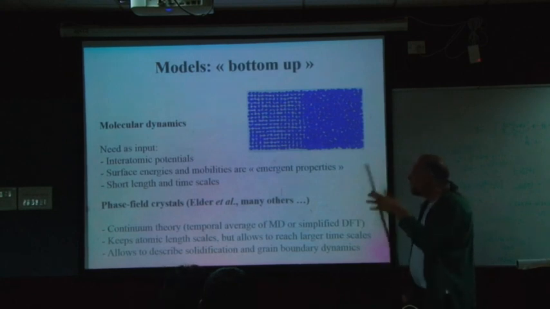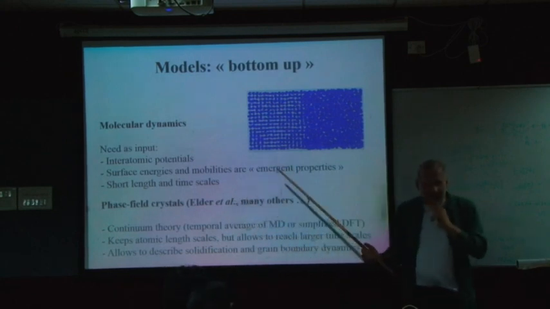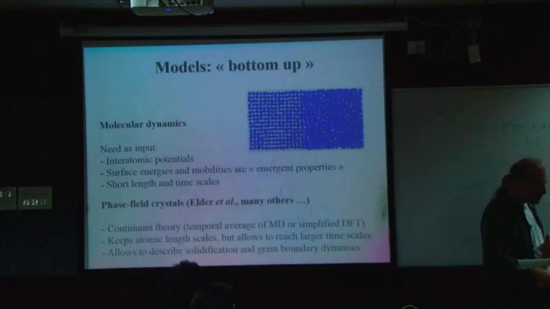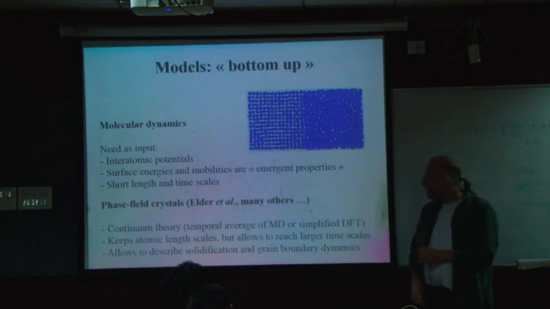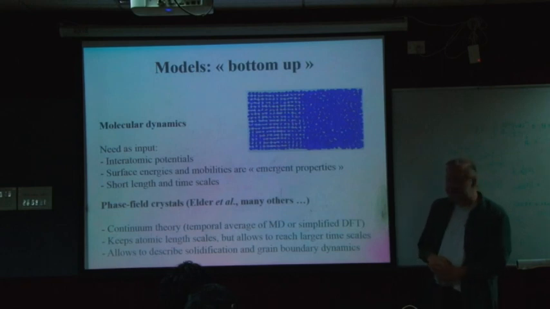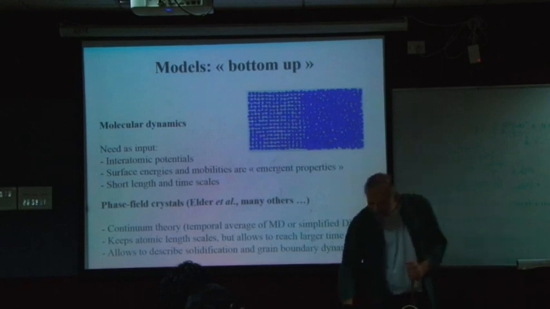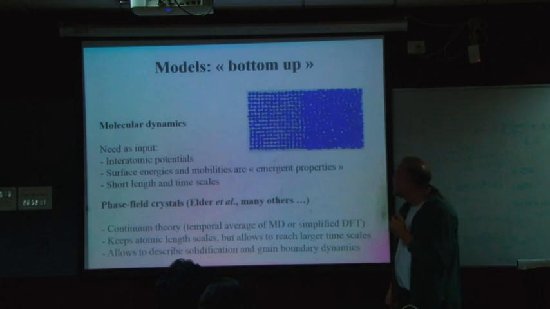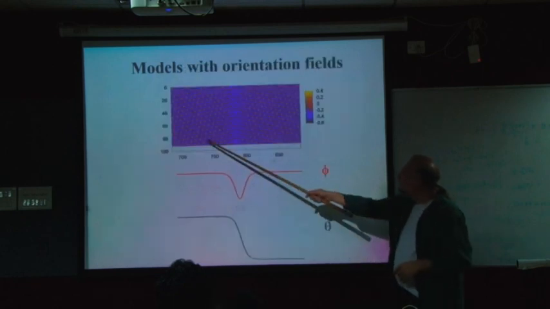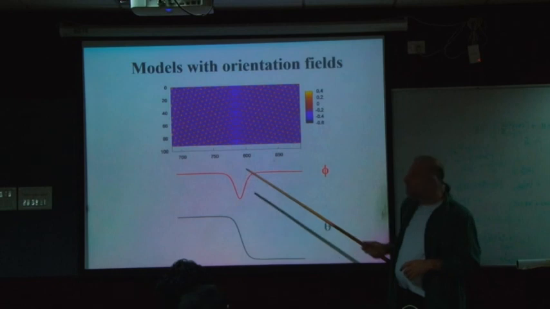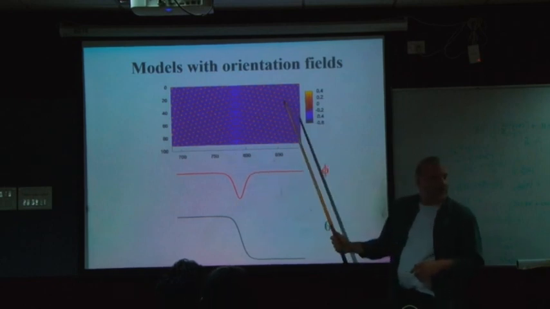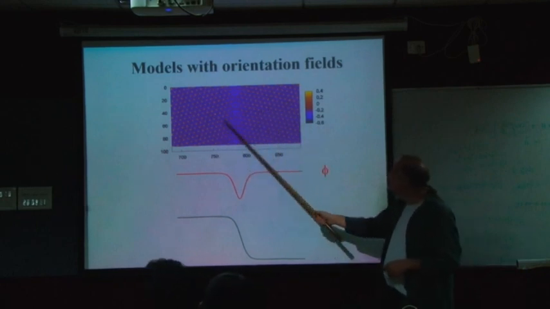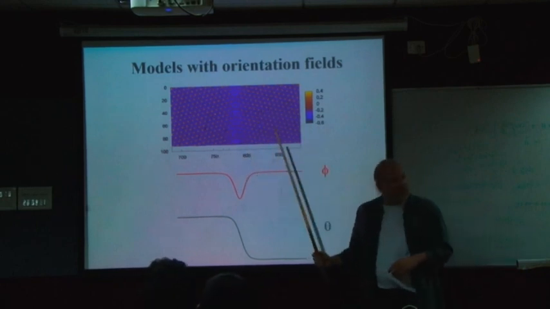There is a new and quite interesting method for doing this, which is called the phase field crystal method. Which you can see either as a time-averaged molecular dynamics method or as a simplified density functional method. The way this works, I have put up a picture here. So this is a density field, and you see that this density field exhibits maxima, which are the yellow points, in front of a background, which is sort of the empty space.